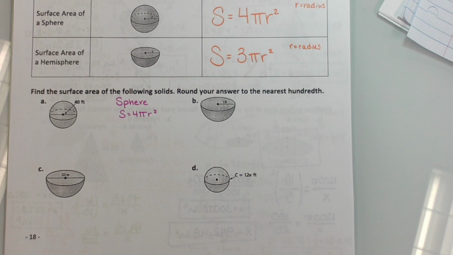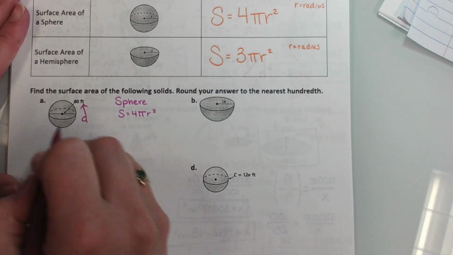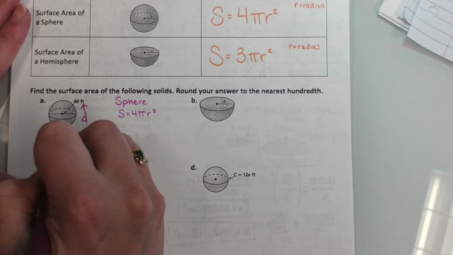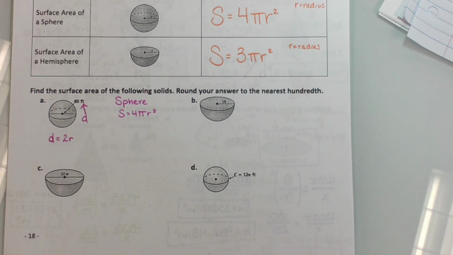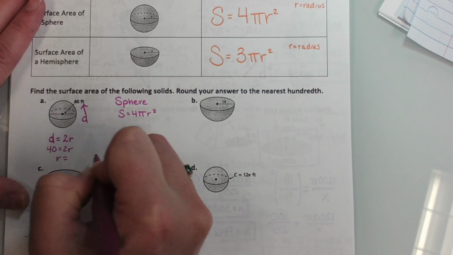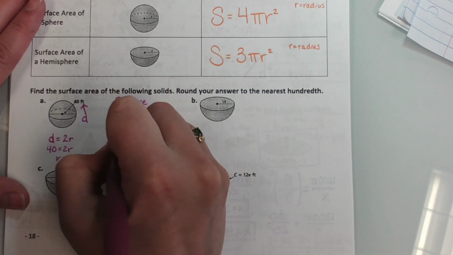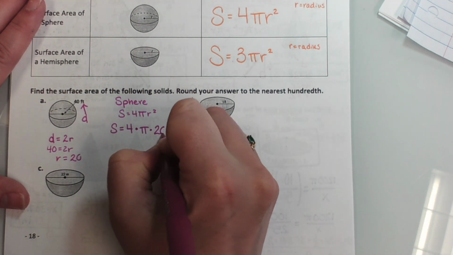No. We have the diameter, and how is a diameter related to a radius? The radius is just half of the diameter, or 2 times the radius is the diameter. So if 40 is 2r, r is 20. So surface area is 4 times pi times 20 squared.